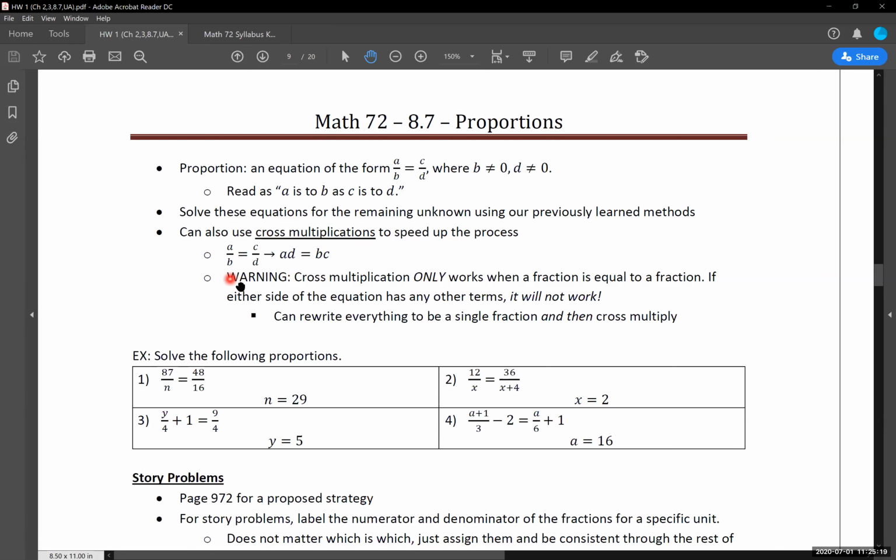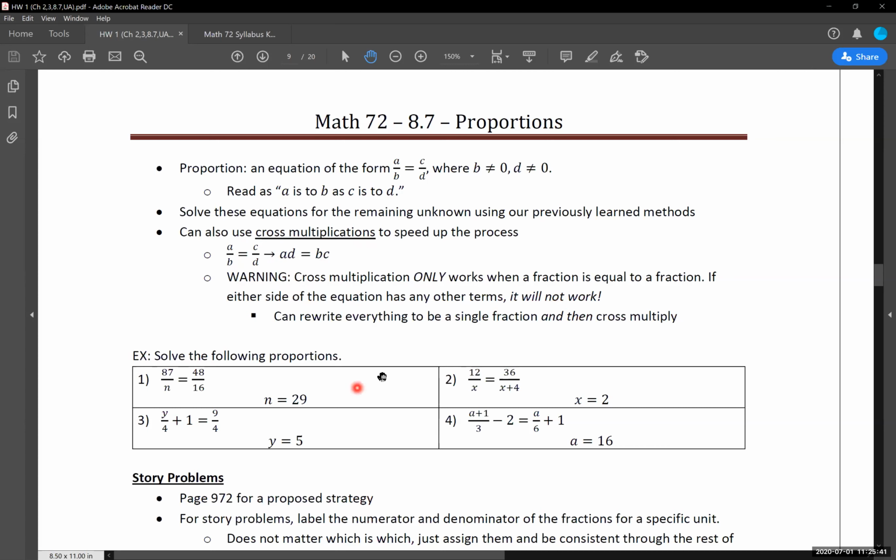Now the very big warning, I'd circle it, highlight it, put stars around it, very important here. Cross multiplication only works when a fraction is equal to a fraction. If either side of the equation has any other terms, it will not work.